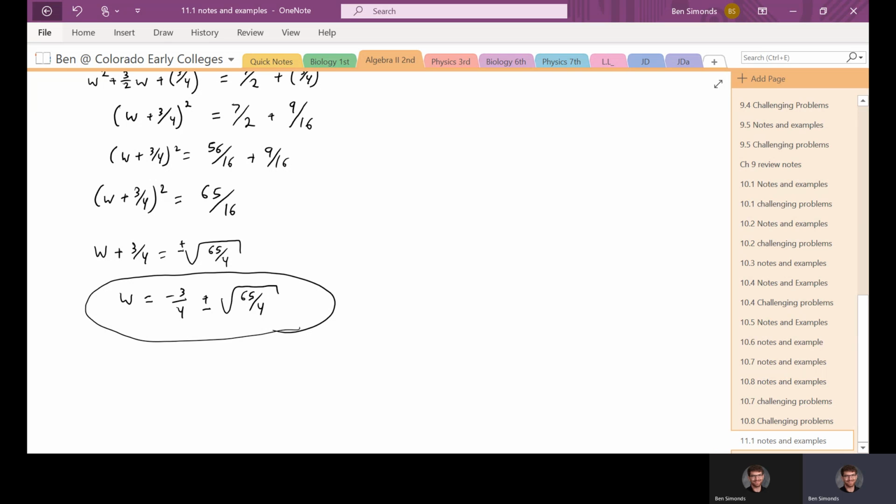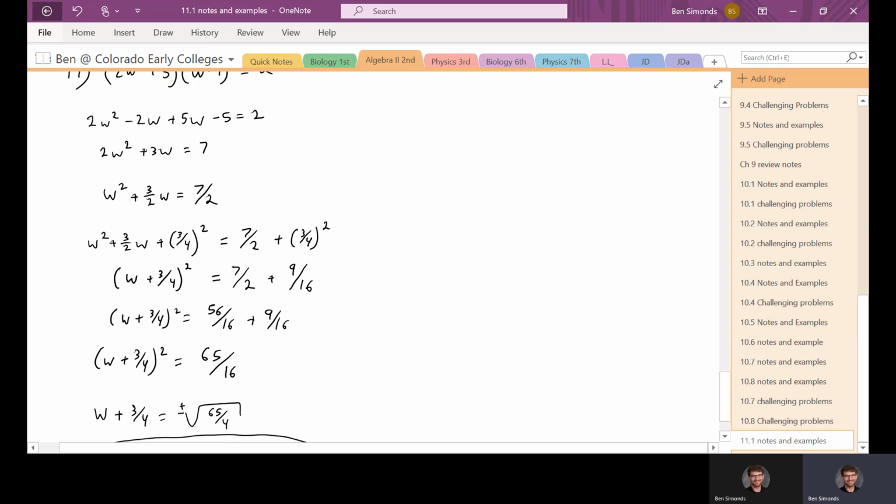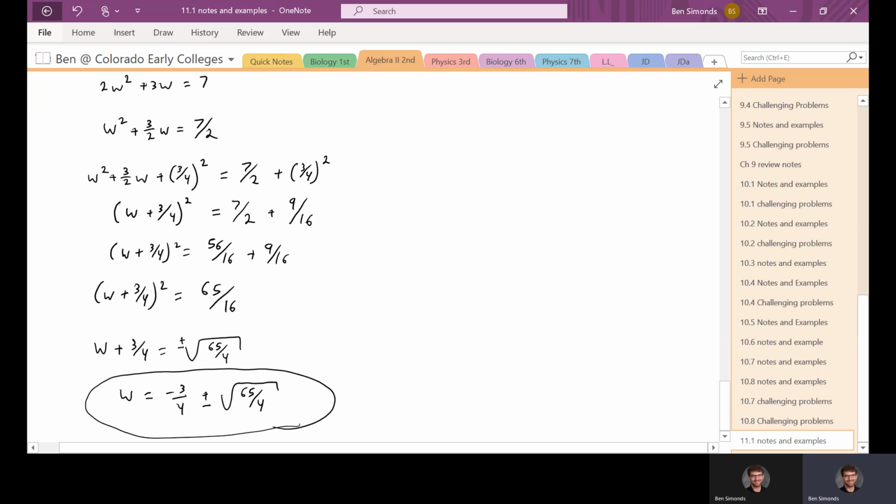So sometimes math is ugly, and this is about as ugly as it gets, with a square root and a fraction and another fraction. So if you find that I have made a mistake in number 49, which I think is kind of likely because usually the math book doesn't give you such an ugly answer, then please let me know, and I would be very happy to see where I might have gone wrong somewhere.